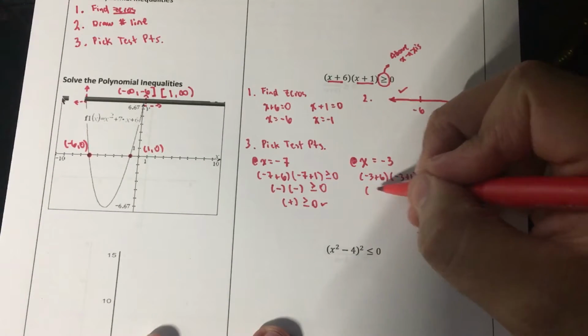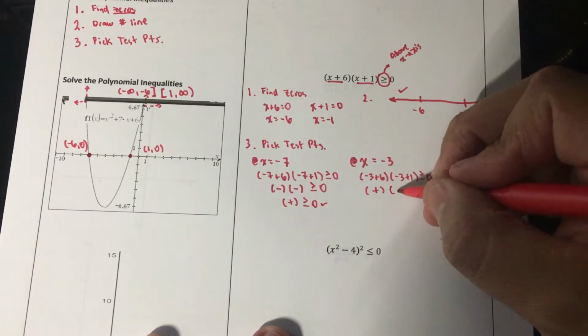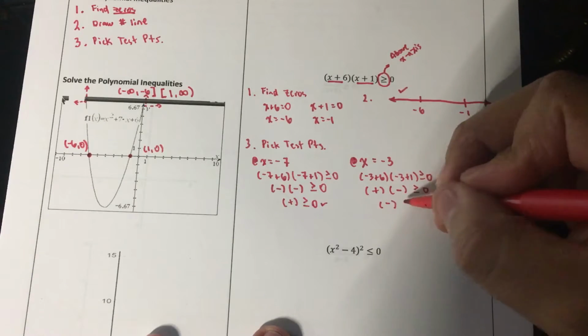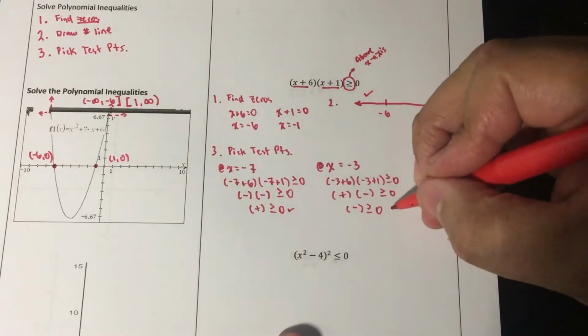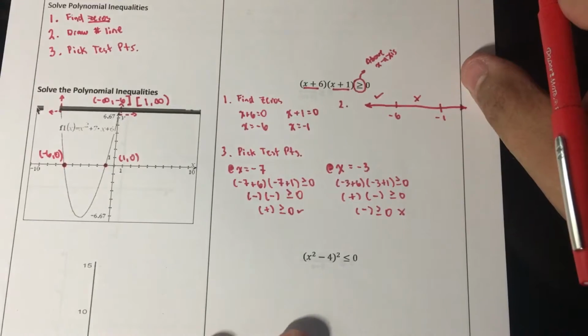Negative 3 plus 6 is going to result in a positive number. Negative 3 plus 1 will result in a negative number, and a positive times a negative will give me a negative number. So is a negative number bigger than 0? No, it is not. So this is not included within the range.